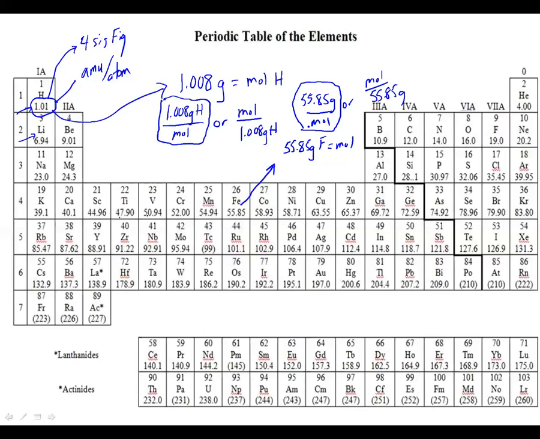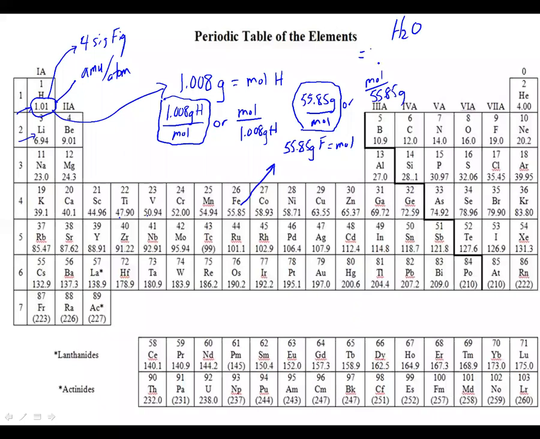Now, molar mass we can also do for molecules as well. It doesn't necessarily have to be just an element by itself. So for example, if we had water, H2O, to find the molar mass of this, we're just going to want to add up all the parts.